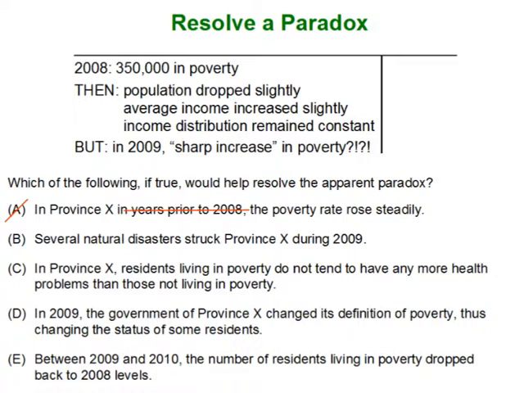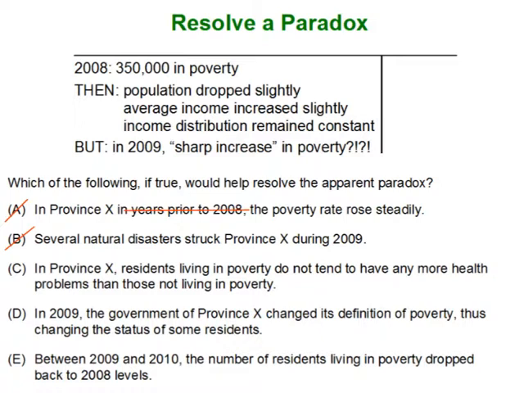If the natural disasters were causing this increase in poverty that we're thinking about, that still doesn't explain why income went up at the same time. So we need to be careful that we don't choose answers that sort of imaginatively explain one side of the paradox. We need both sides to be able to coexist.